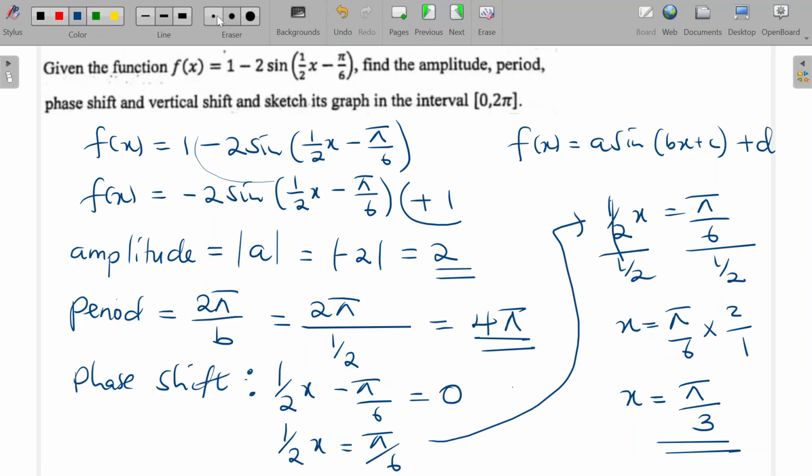Okay, let me explain it. Where we got the 1 from, you've seen this function. It has a 1 here, right? I said that we are rewriting this function in this form.